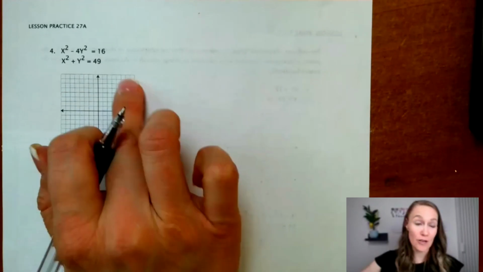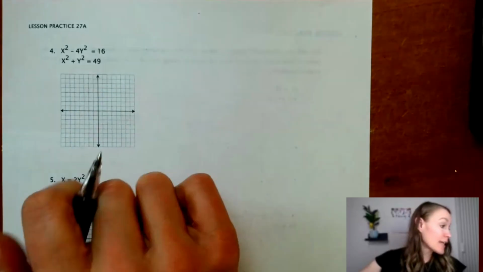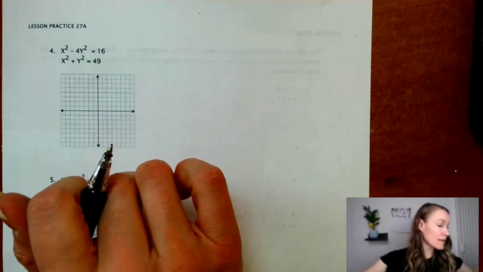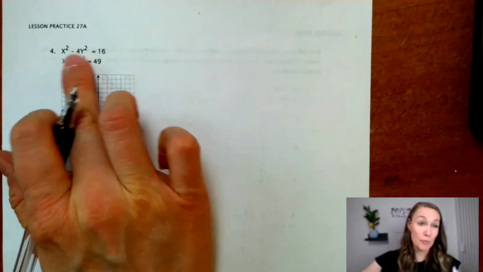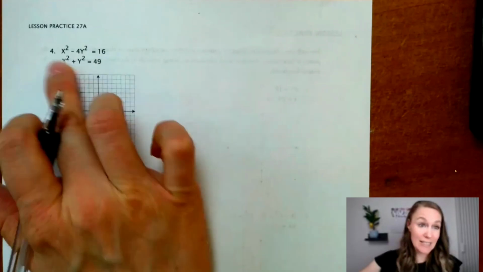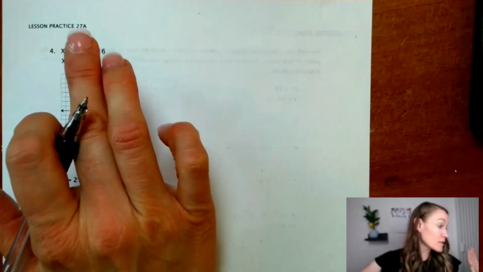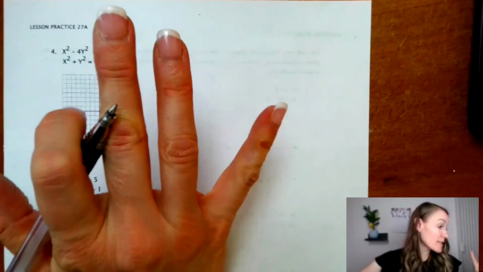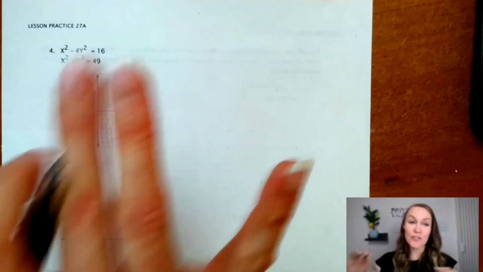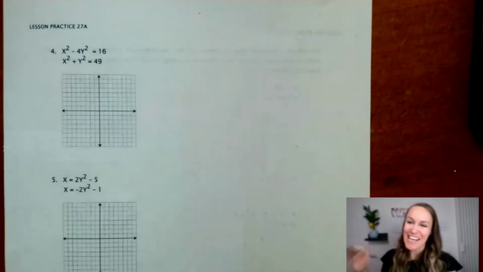It's going to take up a large portion of our graph. And then I actually have a hyperbola here. So all we're going to do is get some XY tables going. And I don't think this is going to be as involved as the last one, but we'll see.